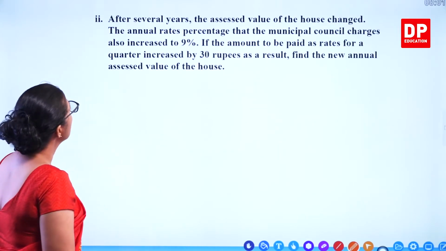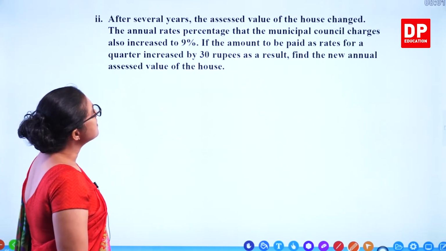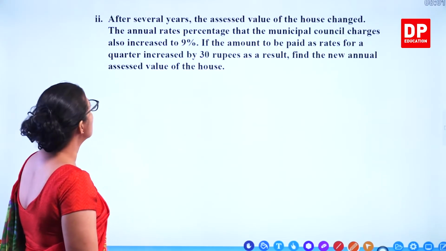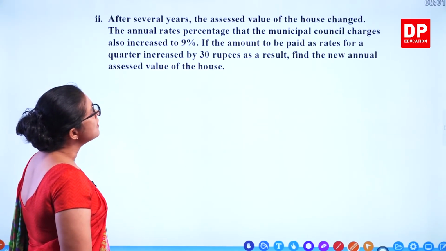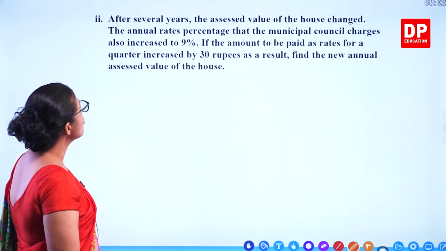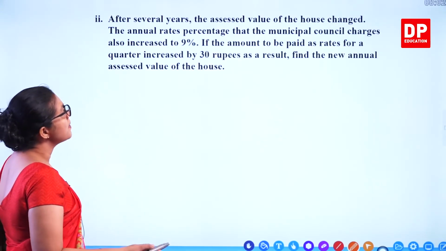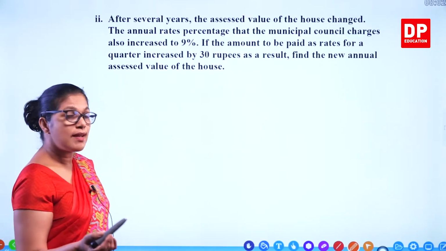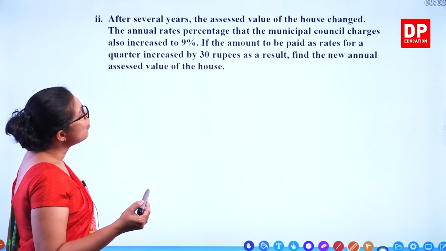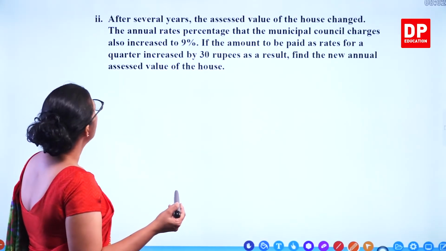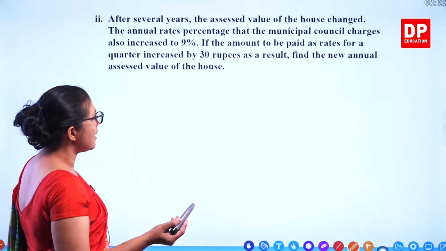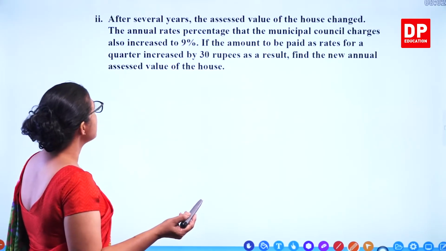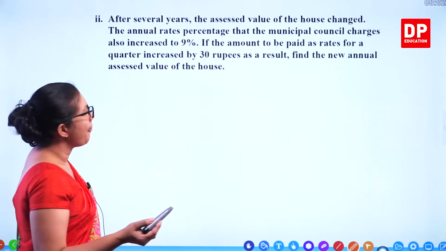Next one. After several years, the assessed value of the house changed. The annual rates, the percentage that the municipal council charges, also increased to 9%. Earlier 8%, now it's 9%. If the amount to be paid as rates for a quarter increased by 30 rupees as a result, find the new annual assessed value of the house.